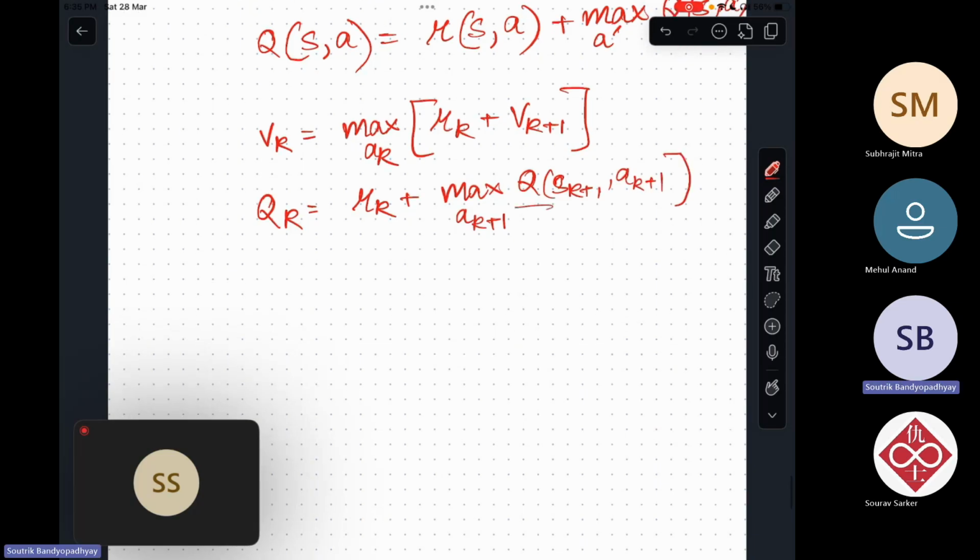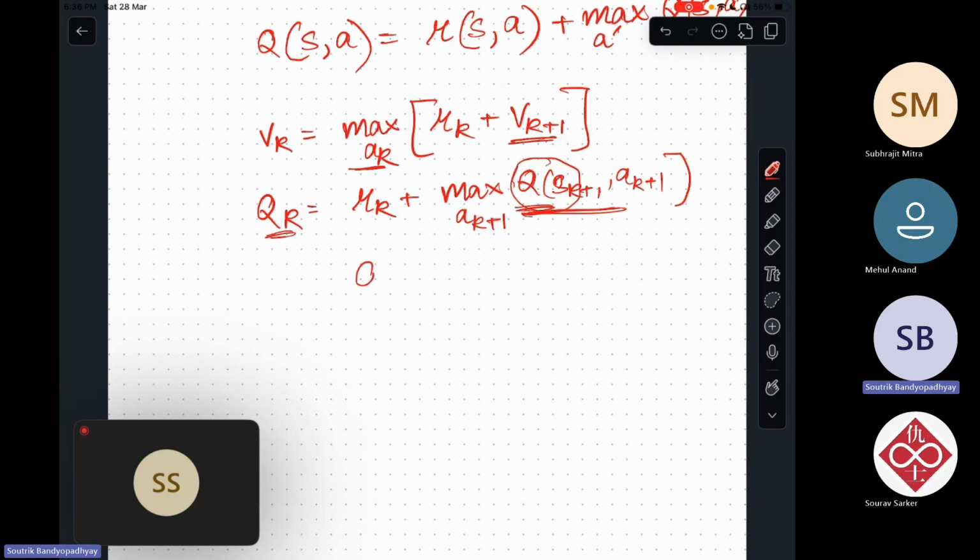Now, this function and this function are the same. And notice the dynamics doesn't play a role here. Here, I have to figure out the maximum over the dynamics of the situation.